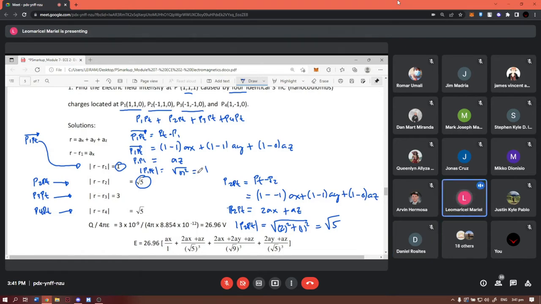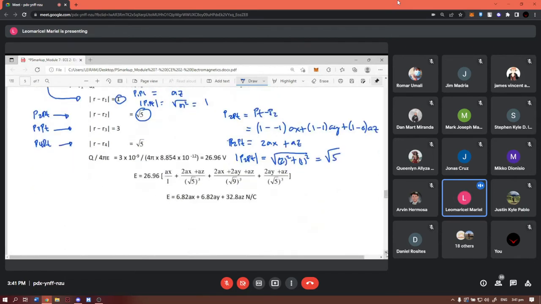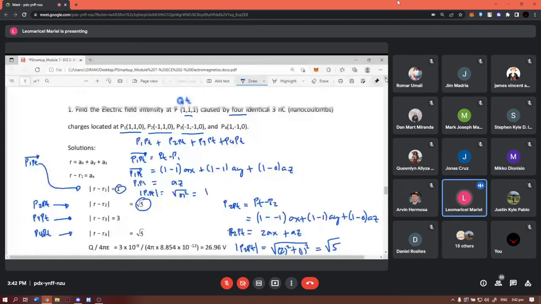Last, halimbawa, hirap kasi mag-solve na walang space. Kung kukunin natin yung P3 PT, okay, so that will be PT minus P3. Ano yung ating P3? Anong coordinate ng P3? Ang coordinate ng P3 ay negative 1, negative 1, 0.